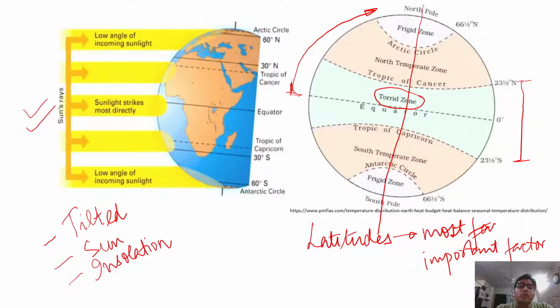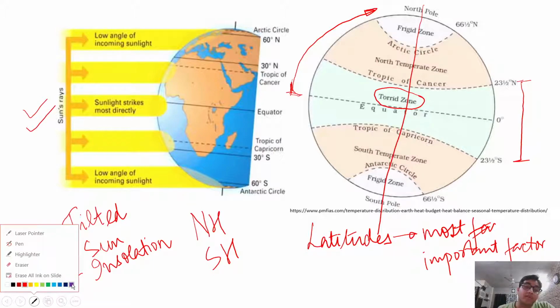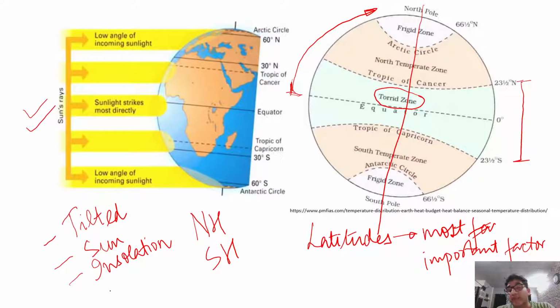Other than that, you also have to understand that the northern hemisphere and southern hemisphere both have completely different distribution patterns. The reason is because the northern hemisphere has a lot of land cover in it, while the southern hemisphere has a lot of ocean. So the northern hemisphere is also informally known as the land hemisphere, while the southern hemisphere is known as the ocean hemisphere.